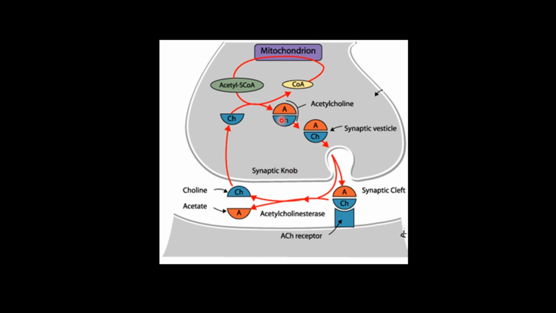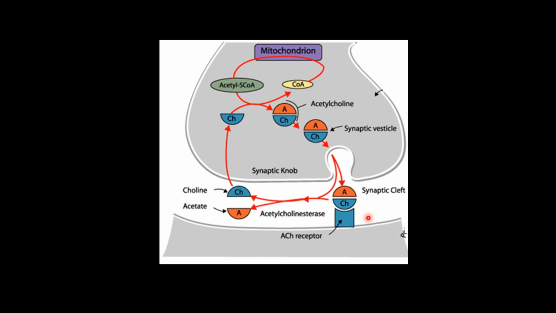This is the synthesis of acetylcholine. Again, it is packed inside the vesicle. Again, there will be the entry of calcium, attraction of this vesicular membrane with the neuronal membrane, exocytosis, release of this neurotransmitter, and it acts on the postsynaptic receptors.